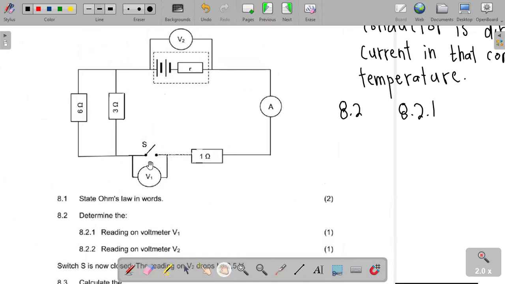So there's an open switch here. Okay? Meaning what? There is no current that moves here. So there's no current passing here. So what does that mean? It means that the reading for 8.2.1 is going to be 0 volts.